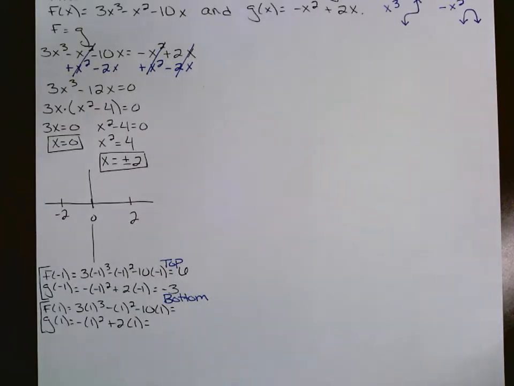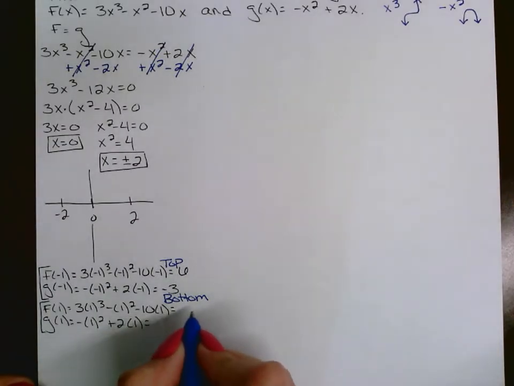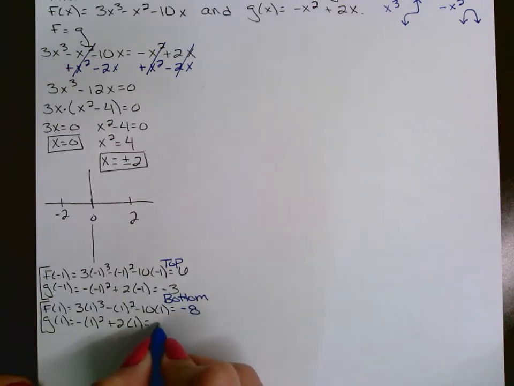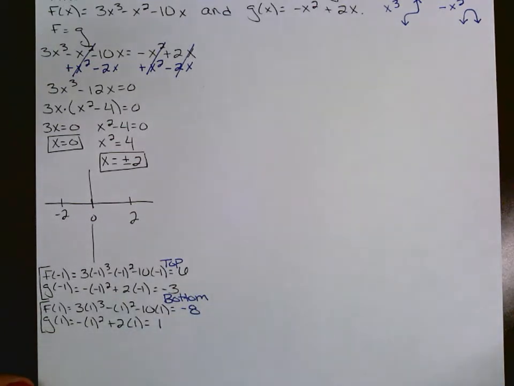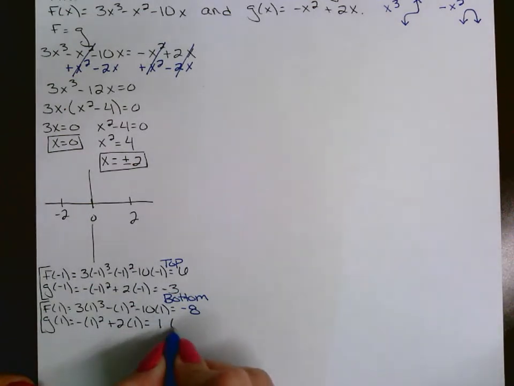All right. So for f of 1, what did we get? Negative 8. And for g of 1? 1. So for this portion, who is on top? And who is on bottom?